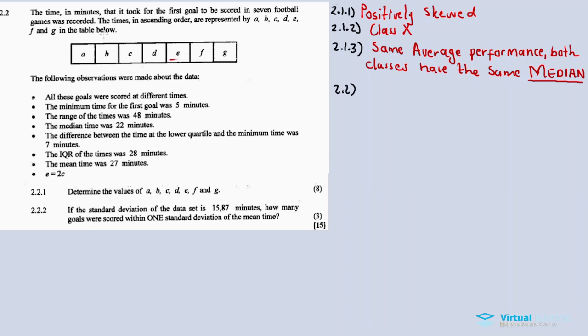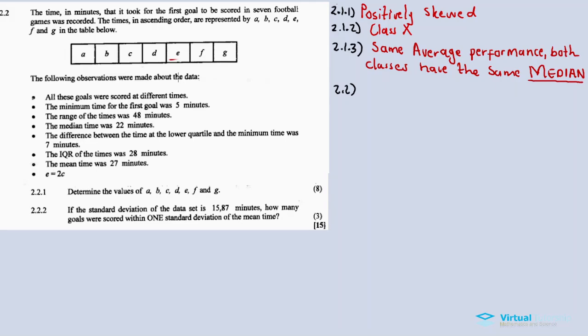The times in ascending order are represented by A, B, C, D, E, F, and G in the table below. So the data set goes from A all the way up to G. The following observations were made about the data. All the goals were scored at different times.